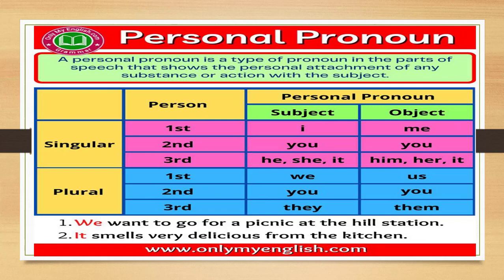For example, we want to go for a picnic at the hill station. In the sentence, we is the subject pronoun, and the word serves as a subject in the sentence. The second example, it smells very delicious from the kitchen. It is the subject pronoun.